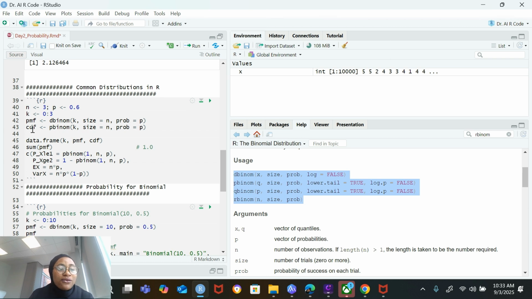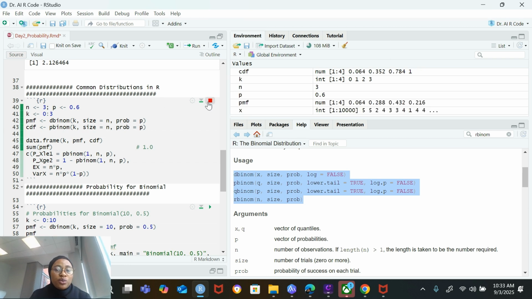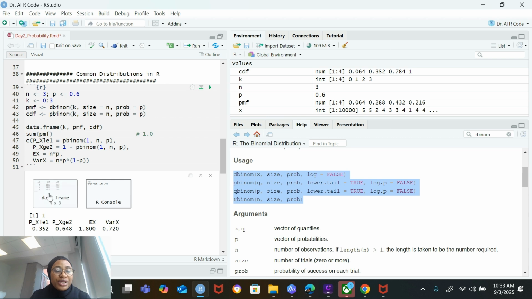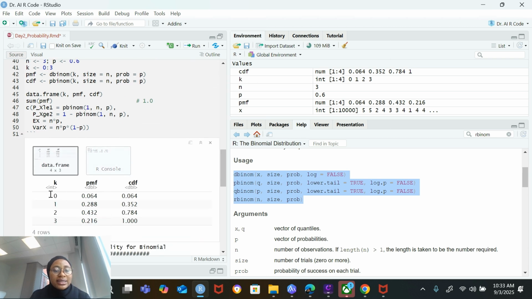We said the CDF. What does the CDF do? It is the cumulative distribution function. It accumulates across all those possible values and gives you a value. So when we do that, what do we get? You look at different cases of k and the corresponding PMF for each one of them. Now, something very interesting is that you can get your CDF from the PMF.